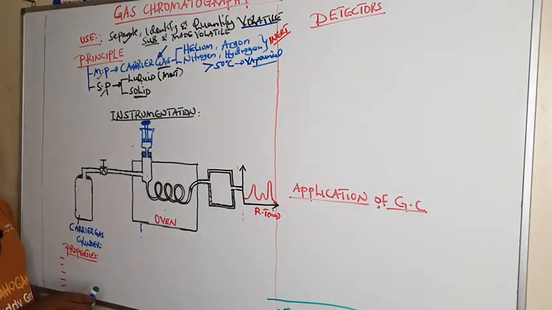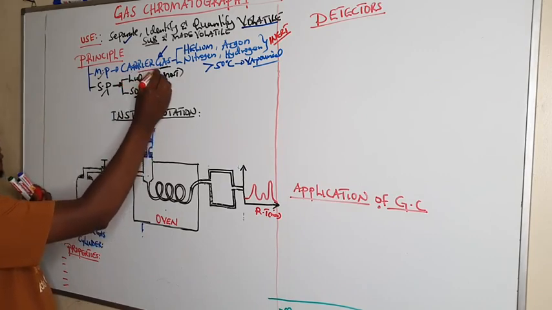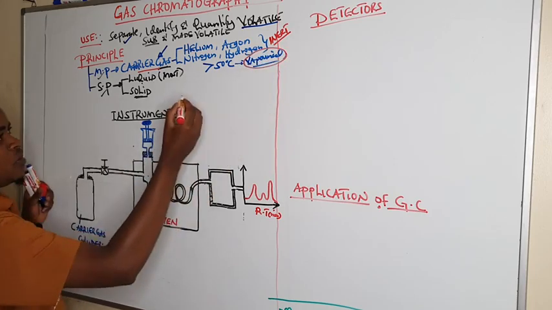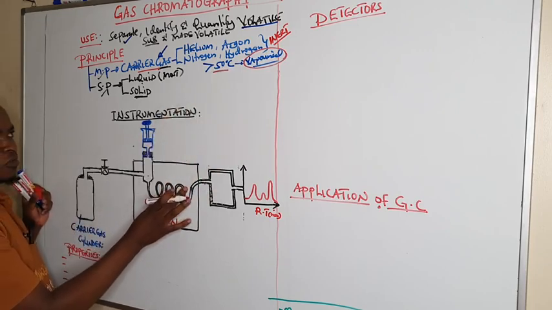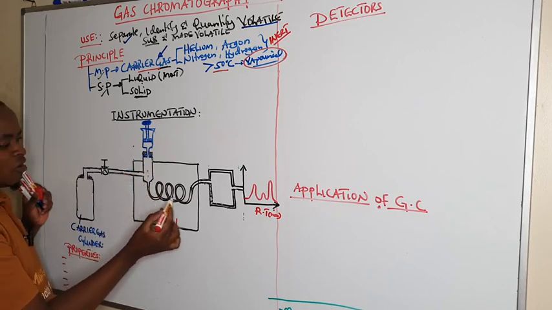So we are saying the carrier gas contains the vaporized sample, because we are using a temperature greater than 50 above that of the column. After being vaporized, it is injected into the column.